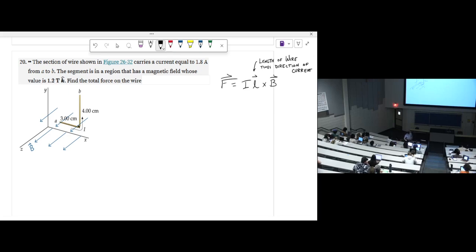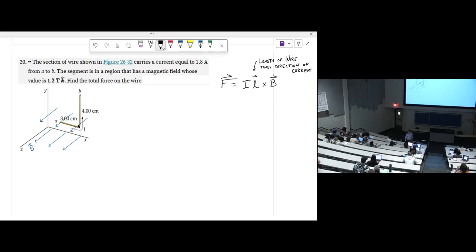So we're going to break this right here and say the net force is going to be the force that's exerted on this piece right here, plus the force that's exerted on this piece right here. And so I would have that L in this case would be 3 centimeters times i hat. And then for this segment, it's going to be 4 centimeters times j hat.